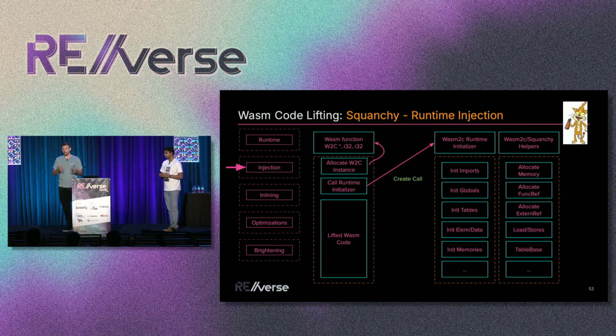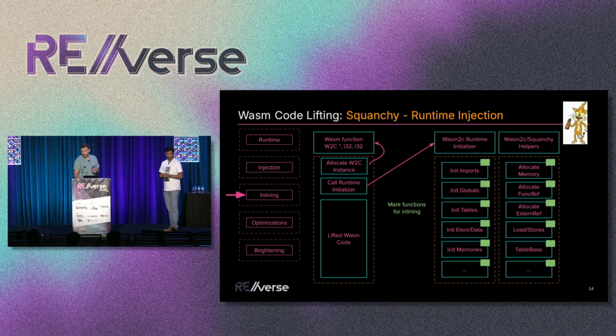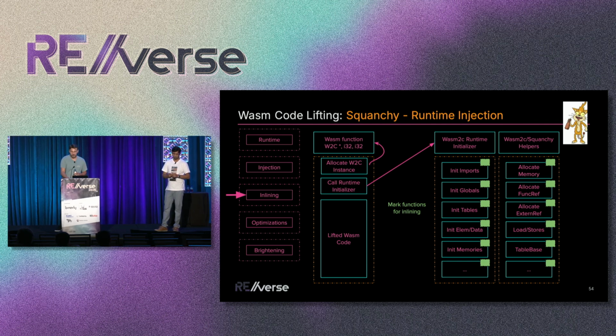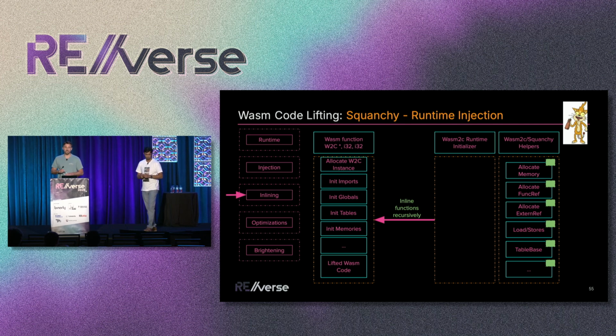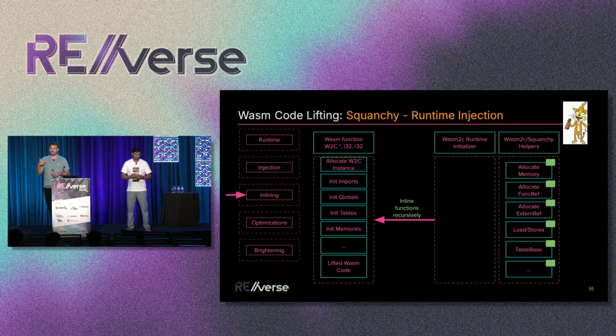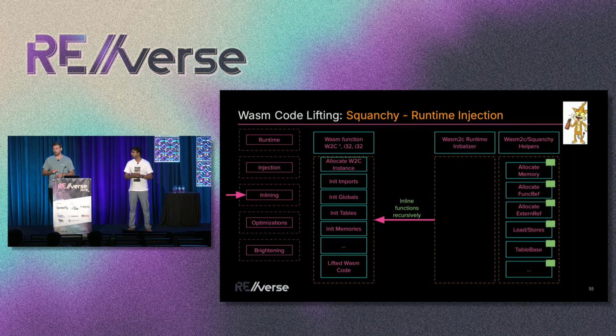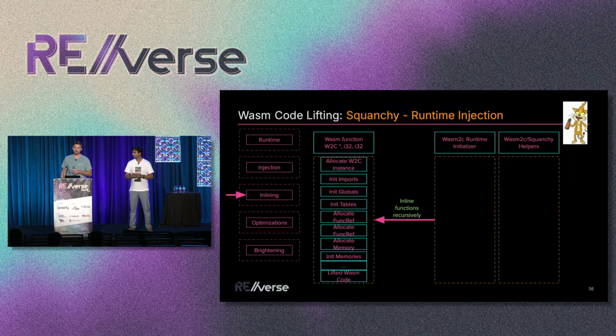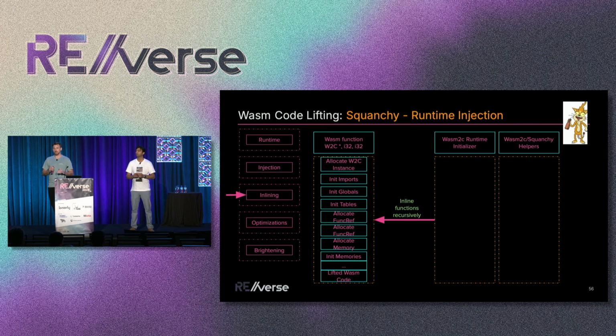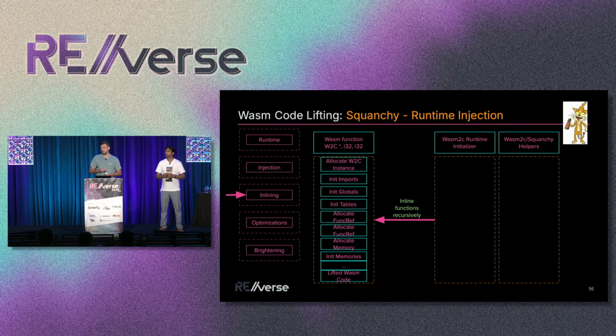But if we move it locally, then the optimization starts working because there are no external references to it. Then we mark all the dependencies of those functions with the attribute always inline. Once we do that, we can use the LLVM inliner to inline the functions one after another. We do it recursively, so if those functions have any dependencies that are also marked always inline, we inline them into this function as well. Basically, we end up with a huge initialization block and the obfuscation block, which references the local instance.